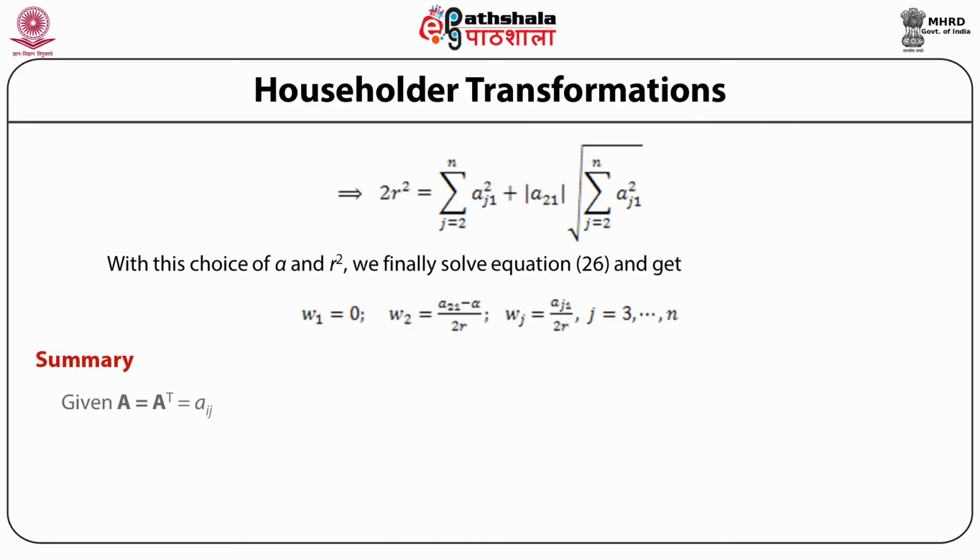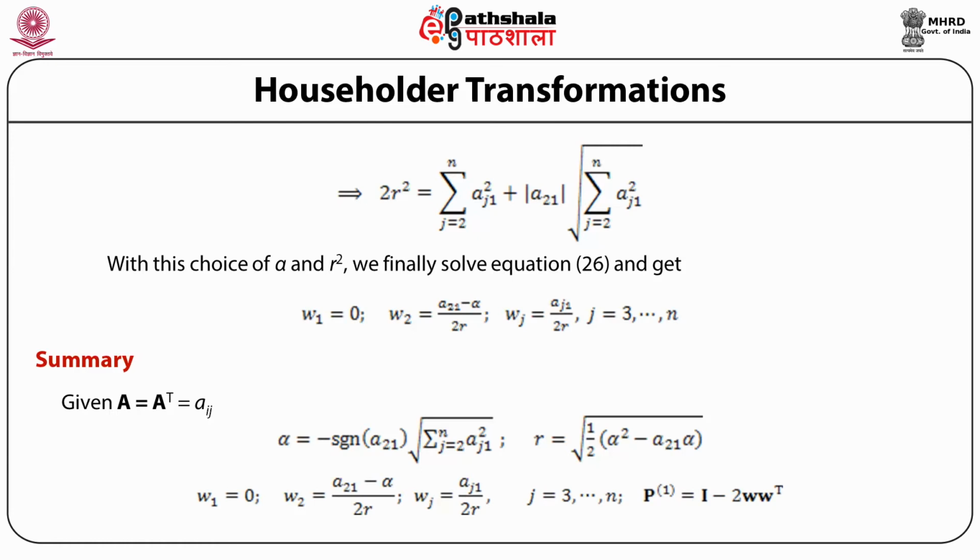So in summary, we have given A equals A transpose equals aij, and alpha equals minus sgn a21 into under root of summation j equals 2 to n aj1 square, r equals under root of half of alpha square minus a21 alpha, w1 equals 0, w2 equals a21 minus alpha by 2r, wj equals aj1 by 2r, where j equals 3 to n, and P raised to power 1 equals I minus 2 w into w transpose.